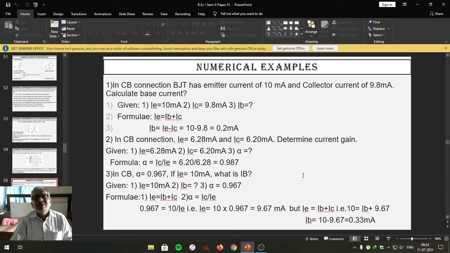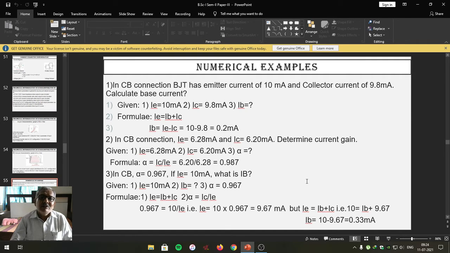You should remember minimum these 5 to 6 formulas, depending upon which you have to solve some of the numerical examples which are likely to be asked in your examination.